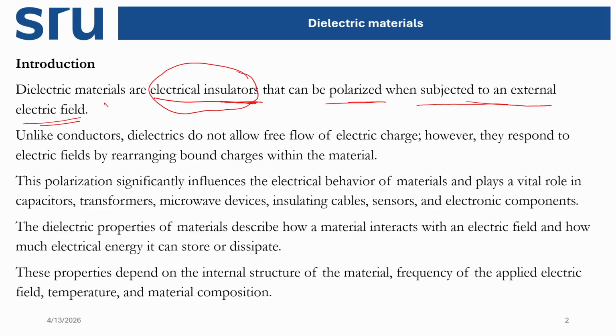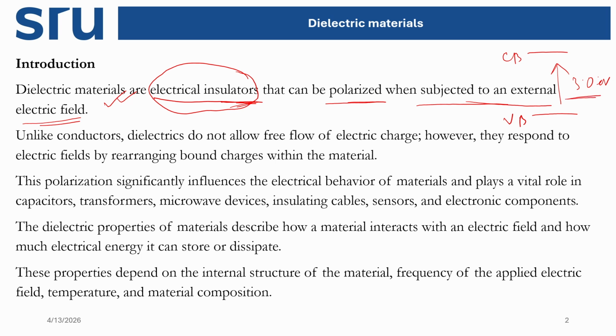A dielectric substance belongs to the insulator category. That means there is a huge energy difference, or band gap, between the valence band and conduction band. It is more than 3.0 electron volt. So this is called an insulator.